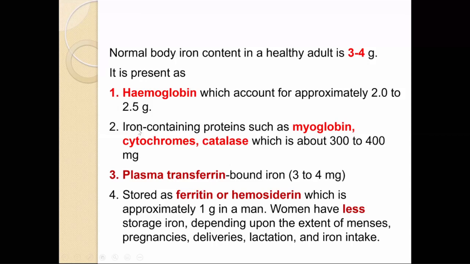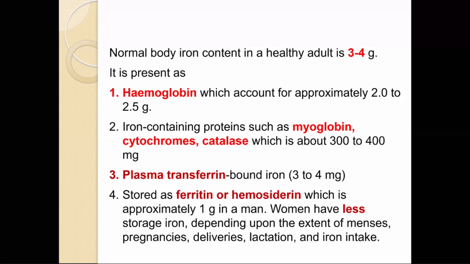Most of it is present as hemoglobin, which is about 2 to 2.5 grams. And then you have the iron contained in other proteins like myoglobin, cytochromes, and catalases, which is about 300 to 400 milligrams. And then you have the plasma iron, which is bound to transferrin, about 3 to 4 milligrams.